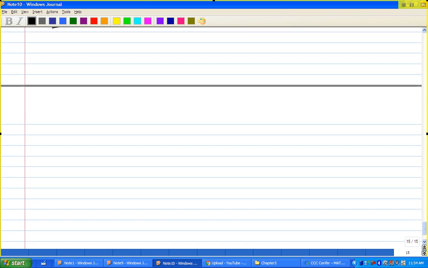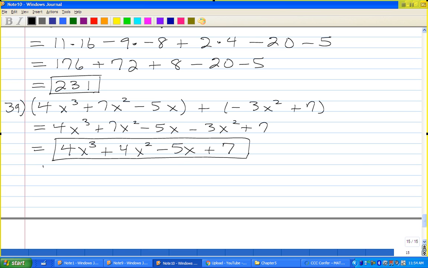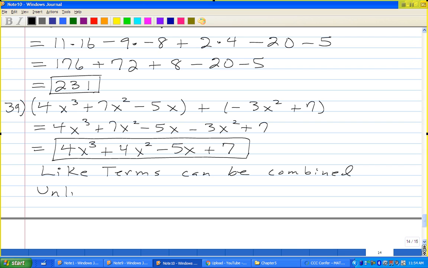And so I can combine like terms. Unlike terms cannot be combined.